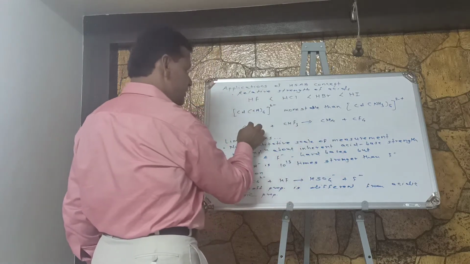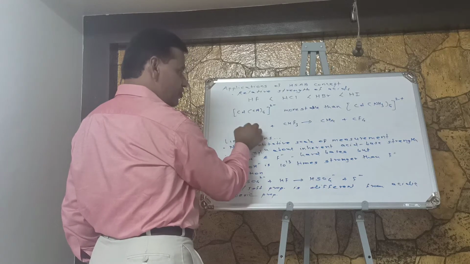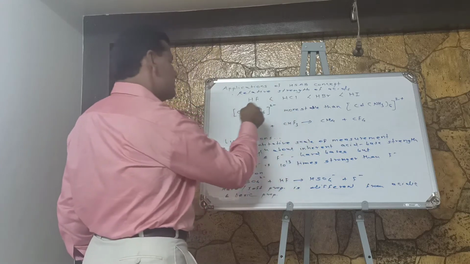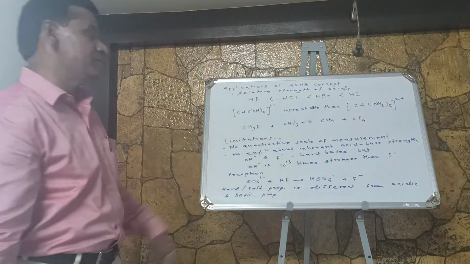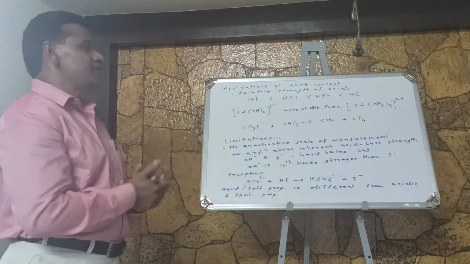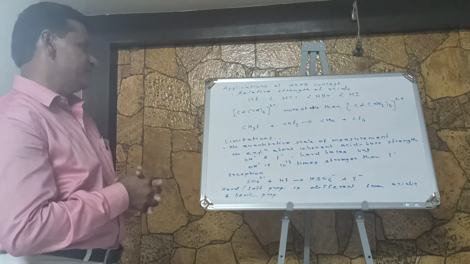So these soft ligands are already present in this first molecule, therefore one more soft ligand easily comes to this molecule and CH4 and CF4, that means tetrafluoromethane, is formed. So this is possible with the help of this HSAB concept.